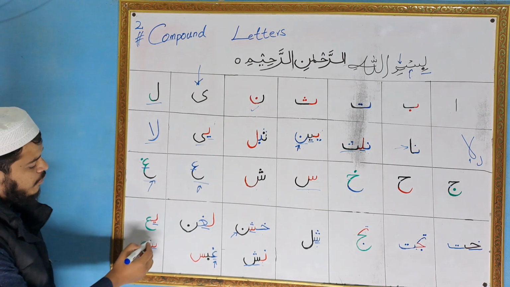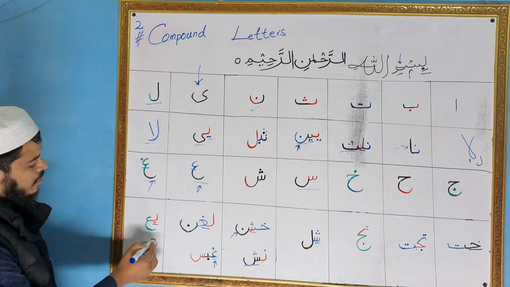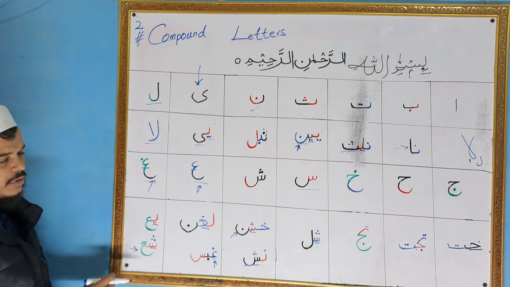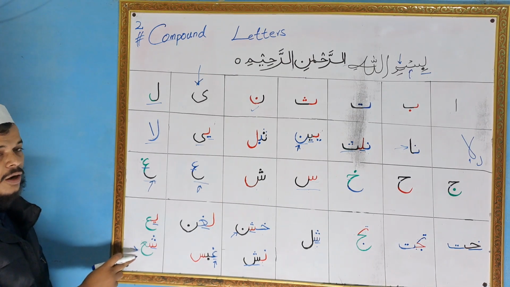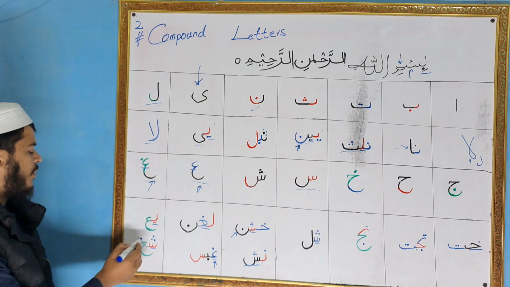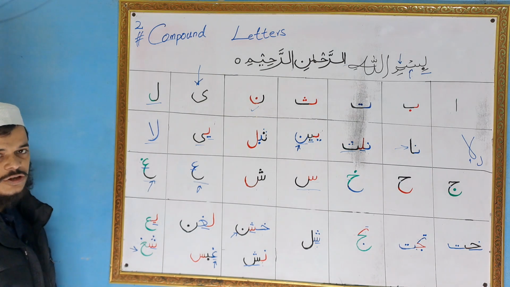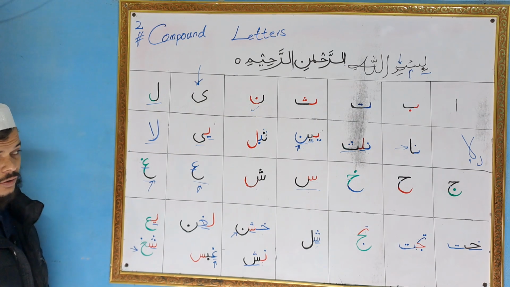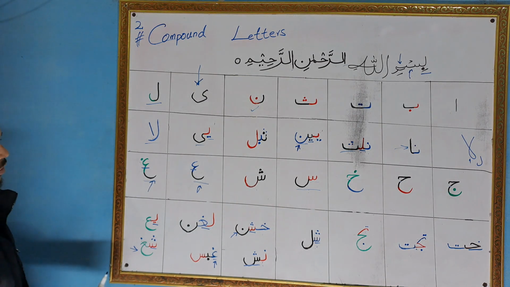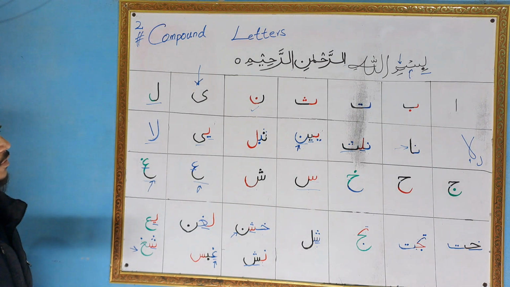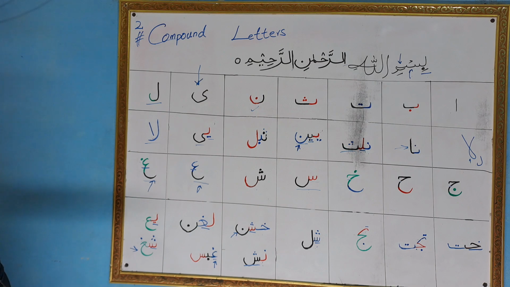Okay, if we put three dots on it, it will now be sheen, ayn. If we put a dot there, now it will be sheen, ghayn. So these are all the possible shapes for these letters.